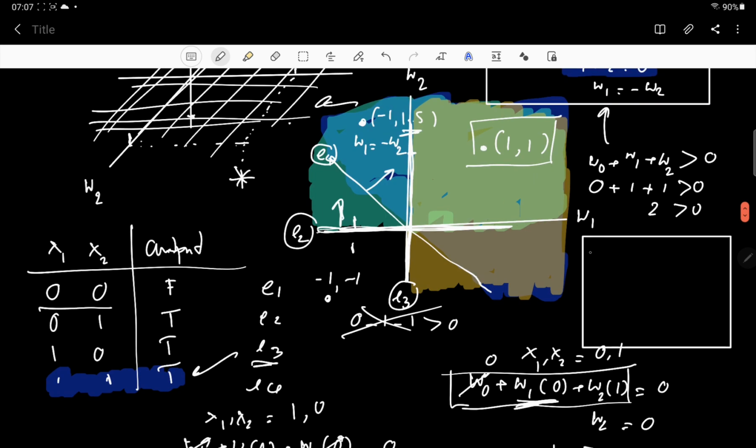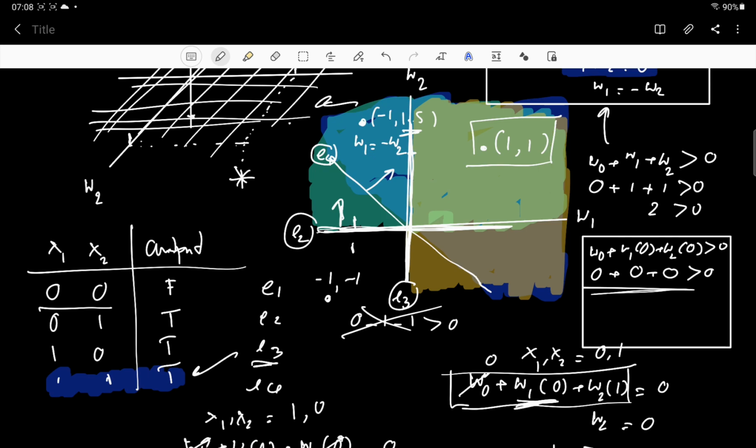So in this case, W0 plus W1 x1, that is 0, plus W2 x2, that is 0, must be greater than 0. But W0 is 0, this term is 0, this term is 0, must be greater than 0. So guys, we have no points that can be used to classify E1.